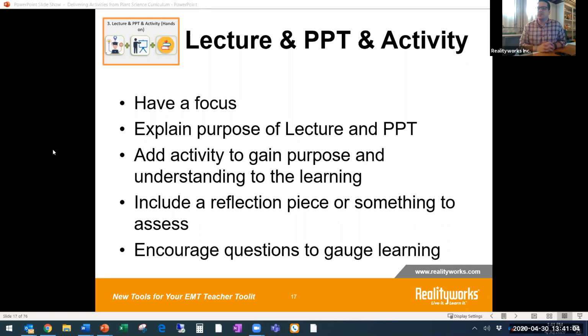Sometimes that hands-on activity might look different than planting something or making something. Maybe it's drawing something or creating a video, or different ways than what you've done in the past. But encourage them to answer questions and gauge their learning by the activity they do, and see whether they are getting what they need to know.